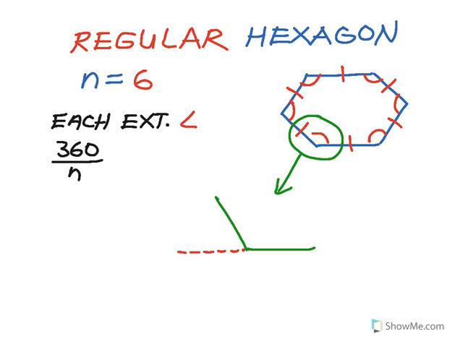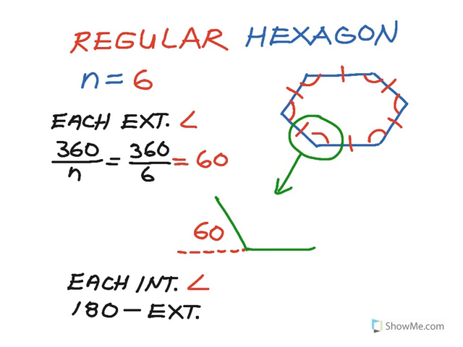So if I have 360 degrees as the sum of the exterior angles, and there are 6 sides, I know that each angle must be 360 divided by 6, or 60 degrees. So the exterior angle of a regular hexagon is 60 degrees. Now, if I want to find the measure of each interior angle, I know that an exterior angle and an interior angle are adjacent along a straight line, so they add to 180 degrees.